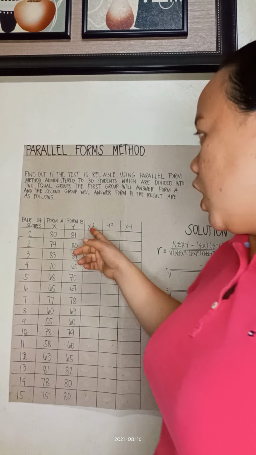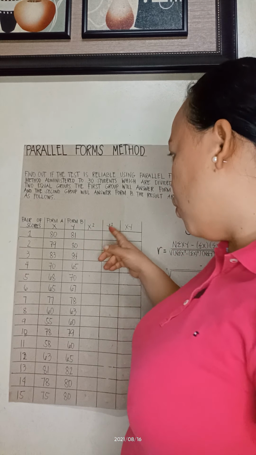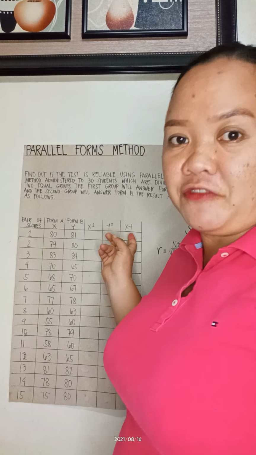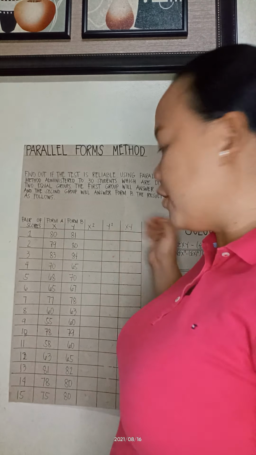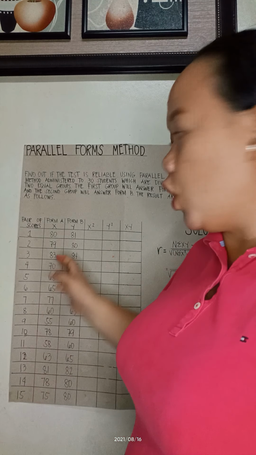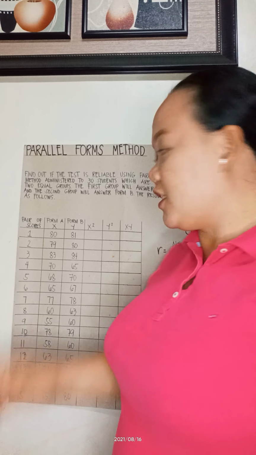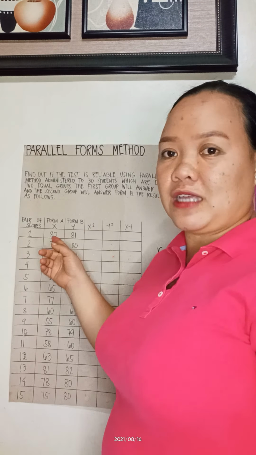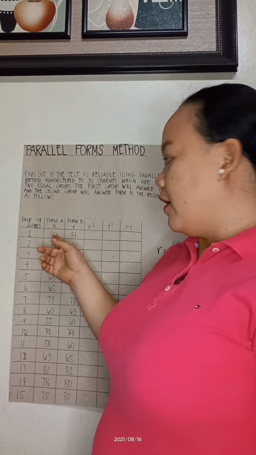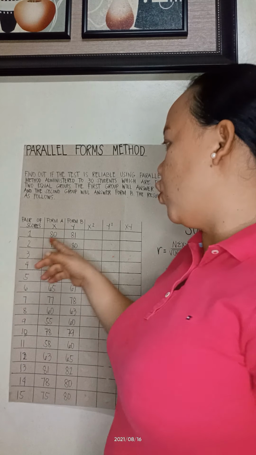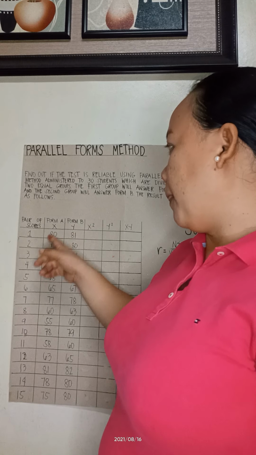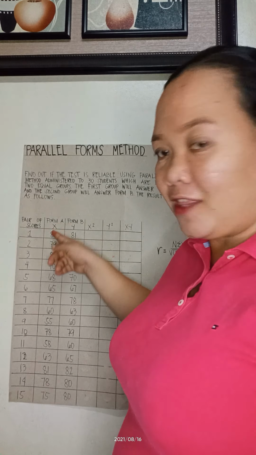We will find x squared, y squared, and the summation of x and y. If a number is squared, you must multiply the number by itself. So x squared, we will find in this column.